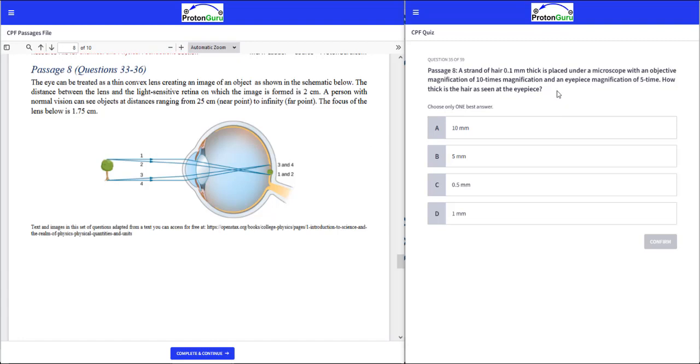So we have 2 pieces of important information. We're doing a 10-fold magnification at the objective and a 5-times magnification at the eyepiece. So overall we're doing 10 times 5, which is 50. So we're doing a 50-fold magnification of a 0.1 millimeter hair.